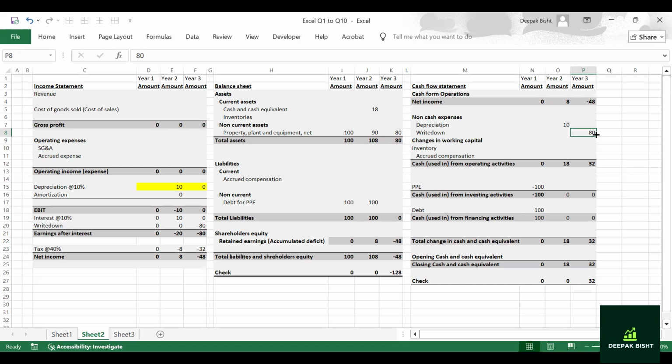Because of this, there was a change of $32 worth of cash, an inflow. So this will be added back here in the cash flow statement.